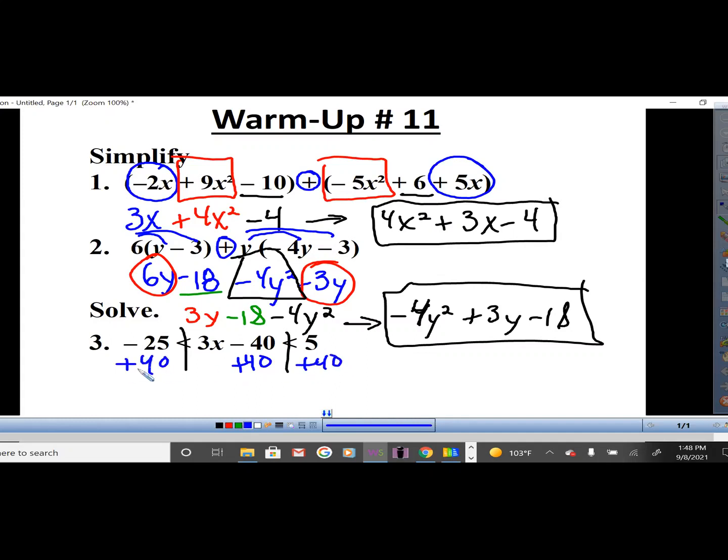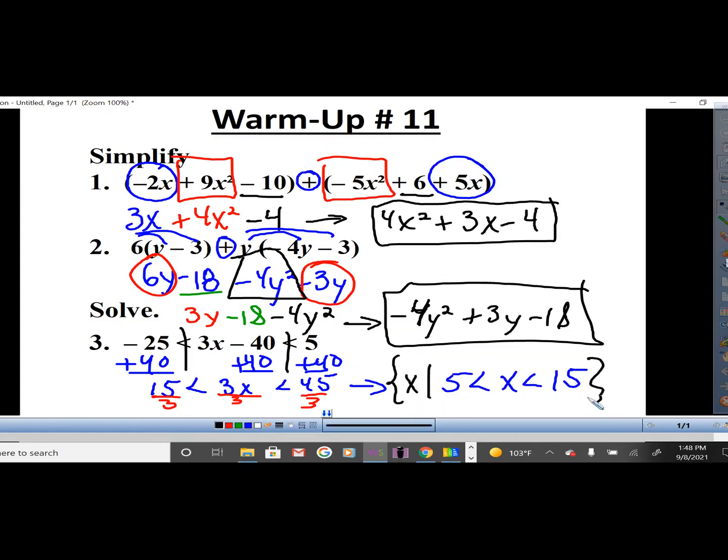That leaves us with 15 less than 3x less than 45. And last but not least, we need to divide by 3, by 3. Therefore, we end up with 5 less than x less than 15. And of course, we need our solution set of x such that, and close that. Hands if you got that.